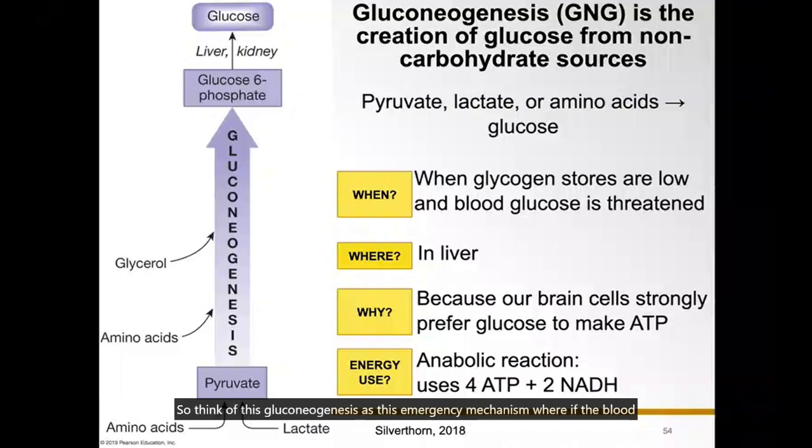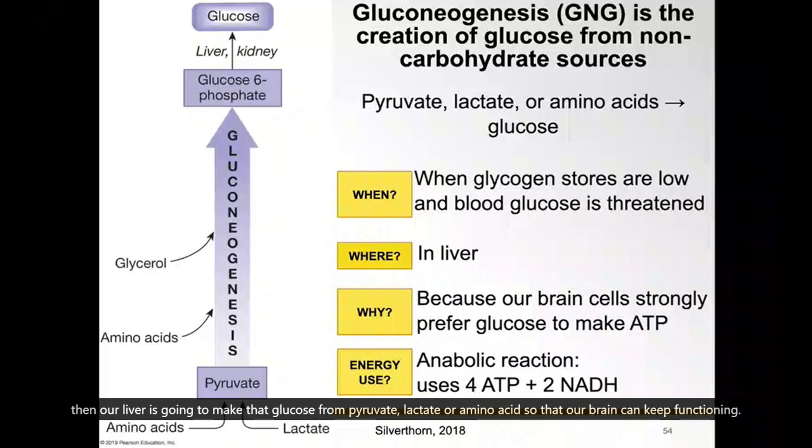So think of gluconeogenesis as this emergency mechanism where if the blood glucose goes low and our brain is in danger of lacking that source of energy to make ATP, then our liver is going to make that glucose from pyruvate, lactate, and amino acids so that our brain can keep functioning.